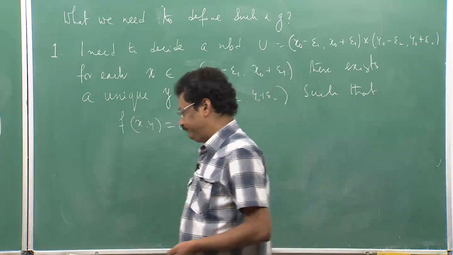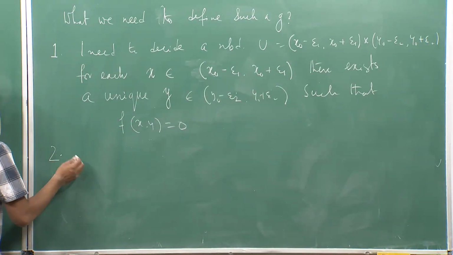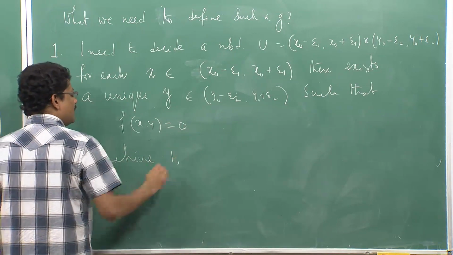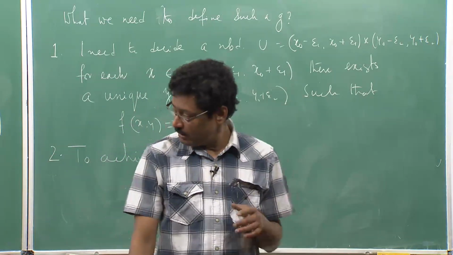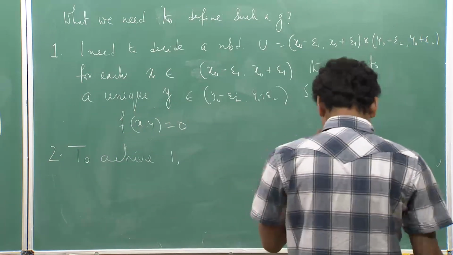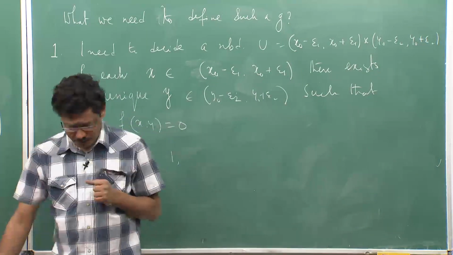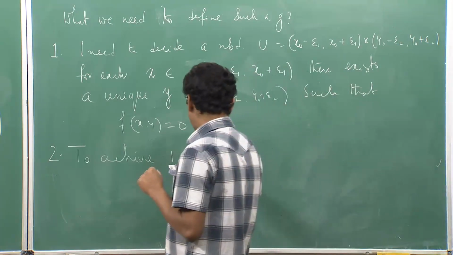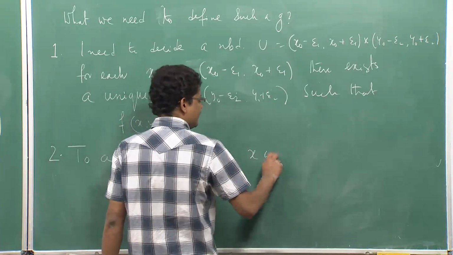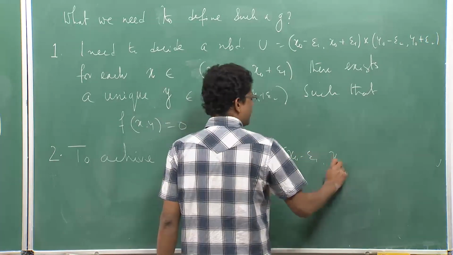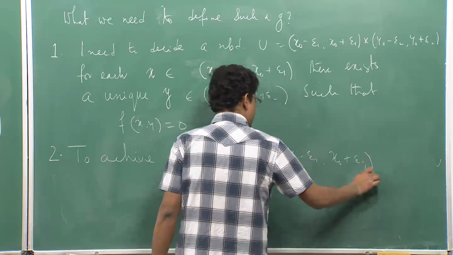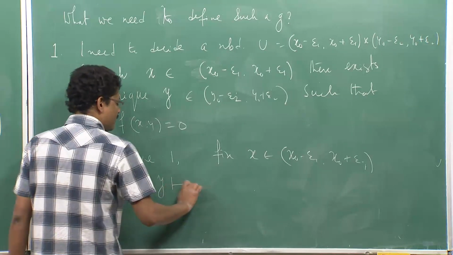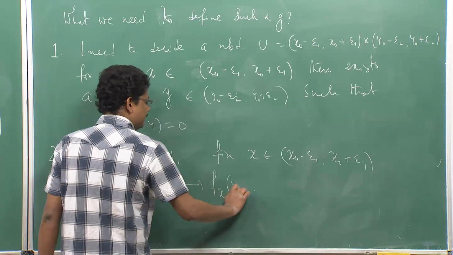Okay. So, how do you do that? How to achieve 1? To achieve 1, one may go like this: fix x in x naught minus epsilon 1 to x naught plus epsilon 1 and consider y going to f of x y.